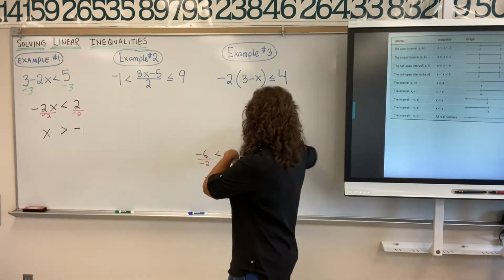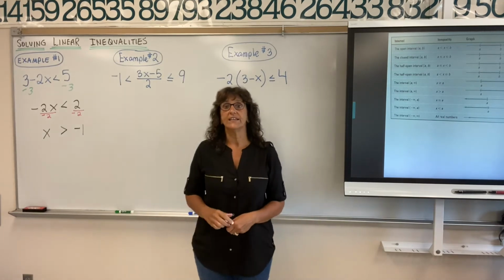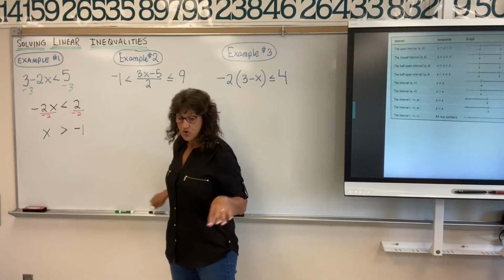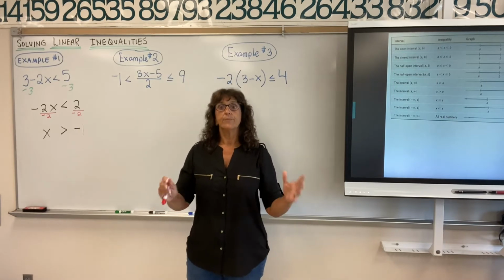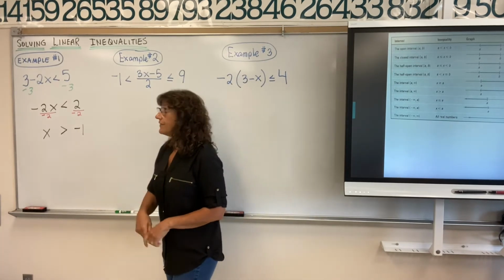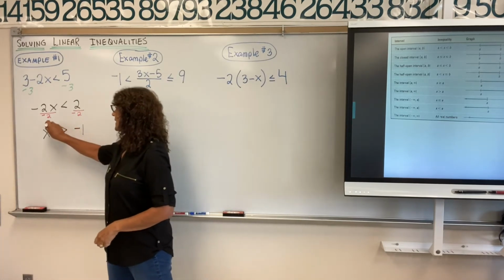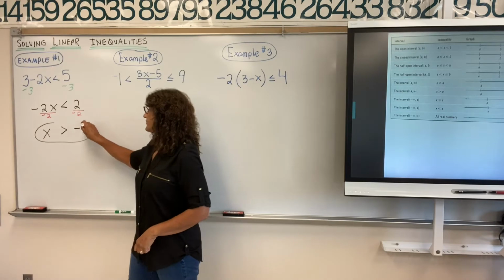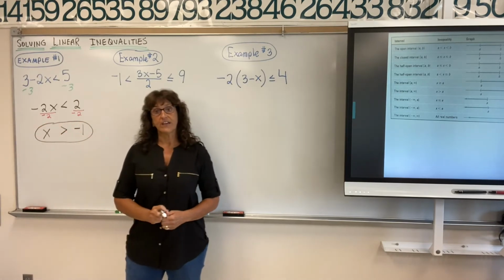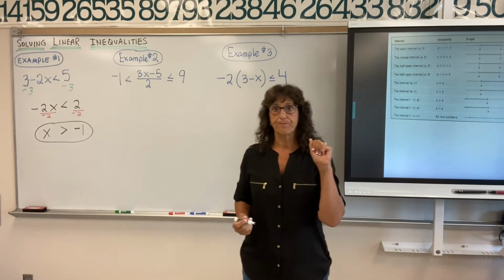When you divide by a negative, you have to switch the inequality sign, because dividing 2 numbers by a negative number switches their order. So our answer is x is greater than -1. This is your inequality answer, okay?